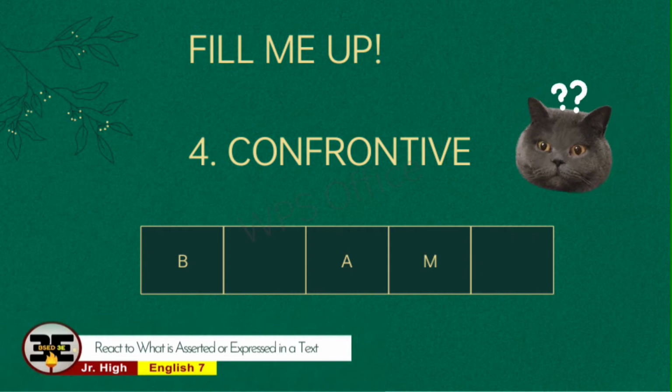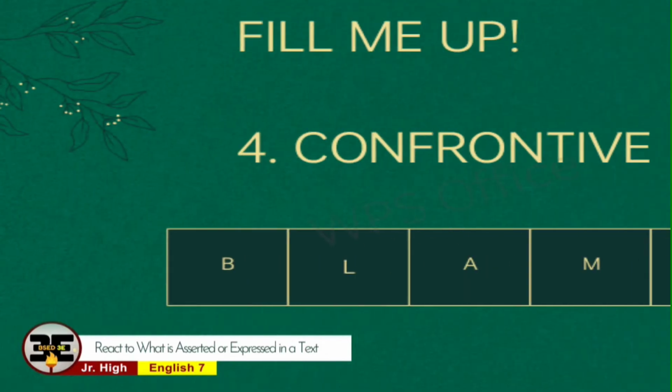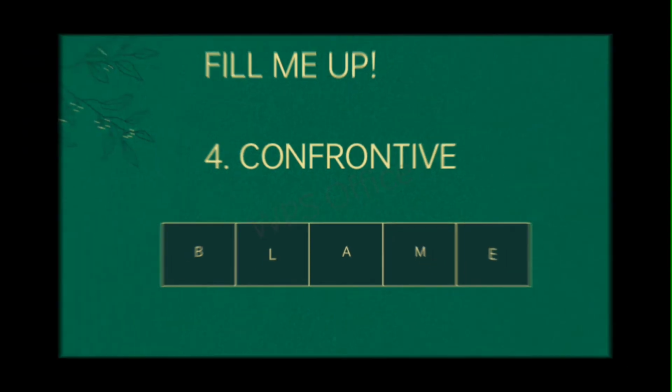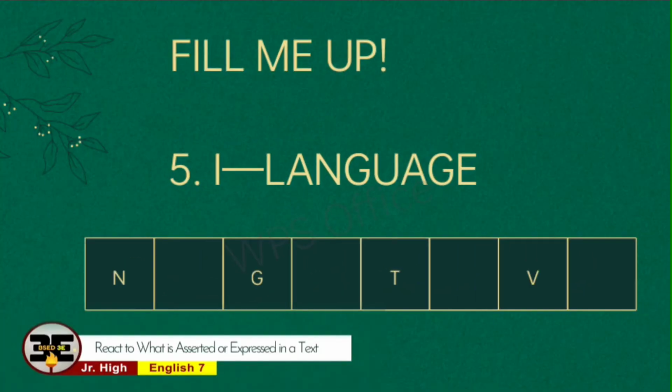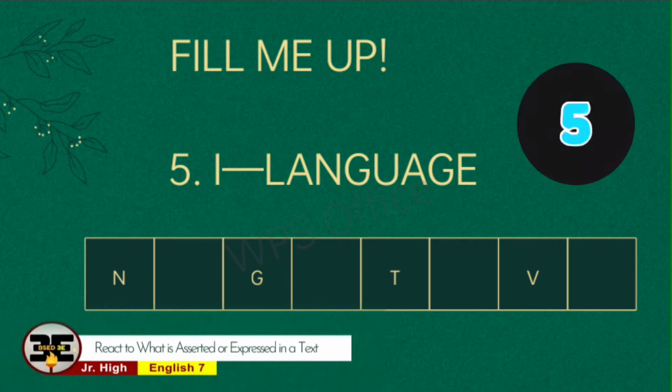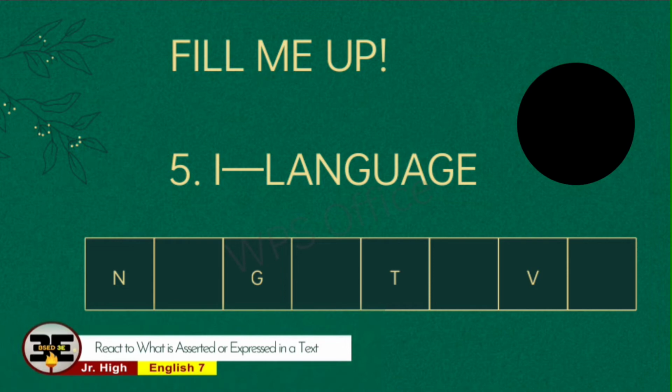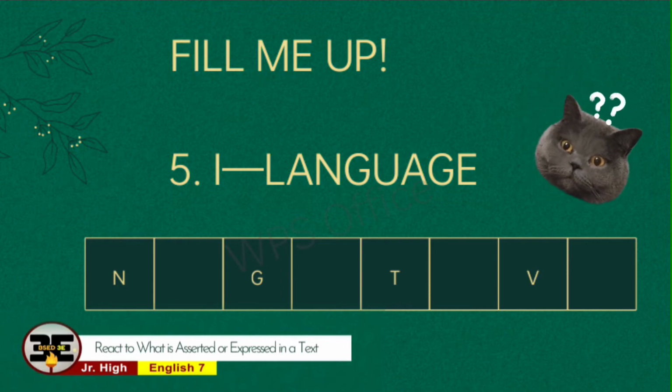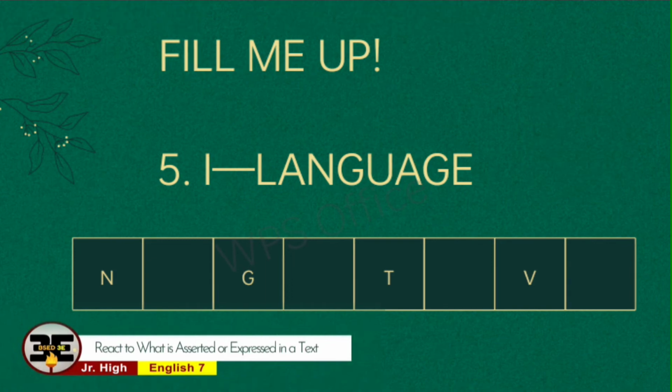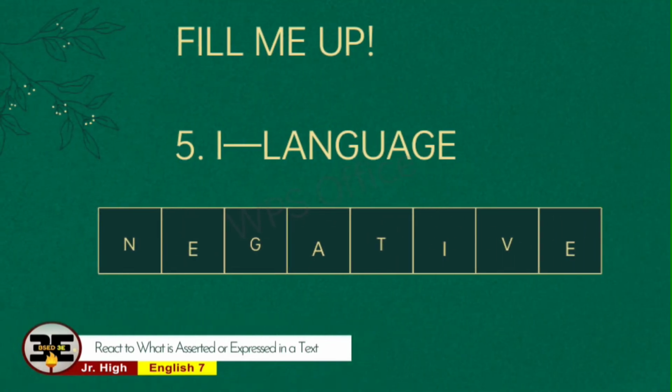What word did you come up with? Amazing! The correct answer is blame. Number 5. I language. What word will be formed if you supply the missing letters? Are you ready to show your answer? That's accurate. The word is negative.